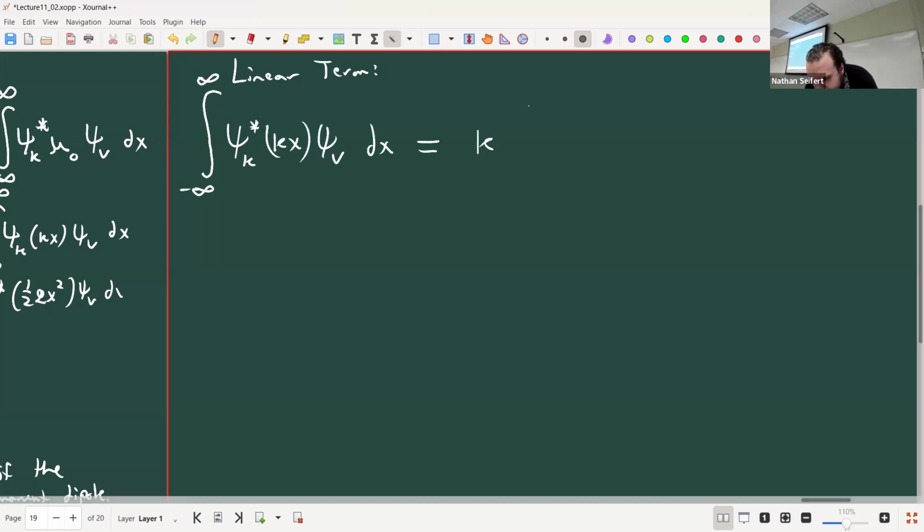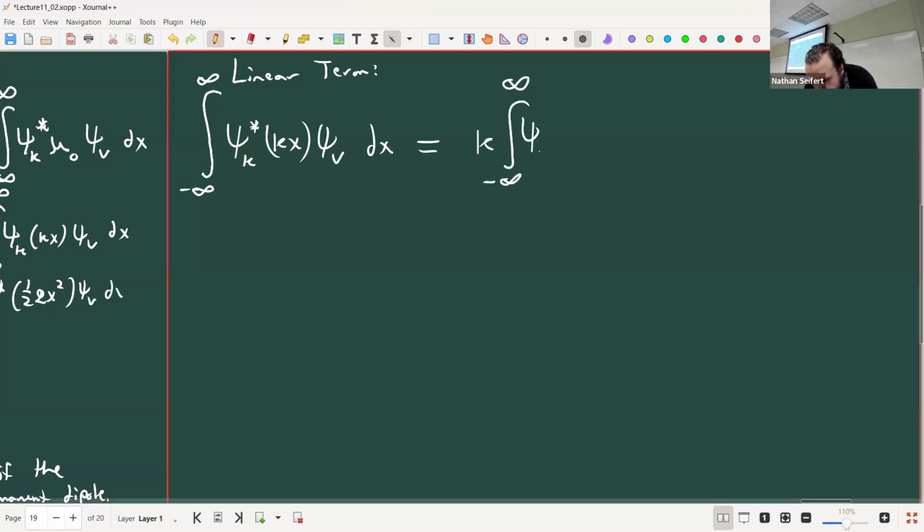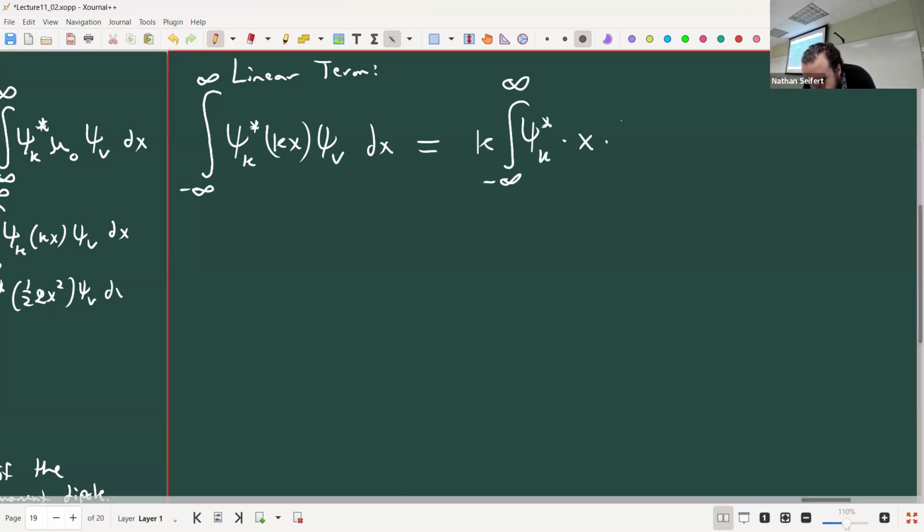It's the slope of that curve that we looked at. And so we're left with psi k star x psi v dx. So this kind of looks like a position integral you did for particle in the box, except now we have two different states.